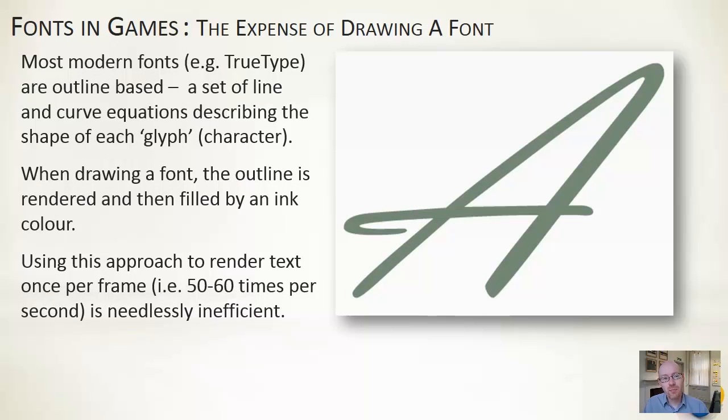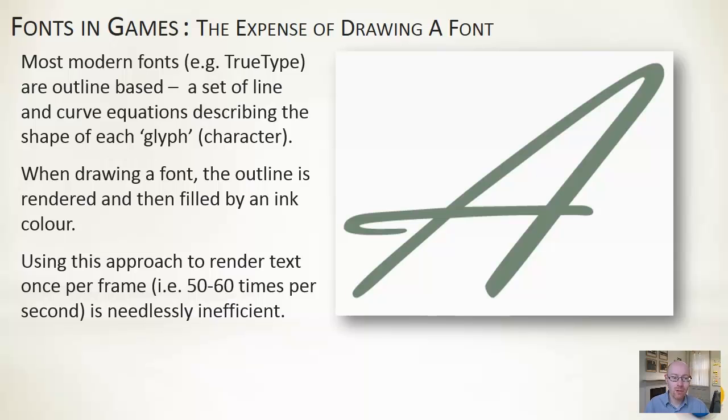A lot of the fonts that we use and are familiar with, for example, the TrueType range of fonts, are what's known as outline-based fonts. They describe how each of the characters looks in terms of a series of line or curve equations, and that describes the overall shape of each glyph of each character.